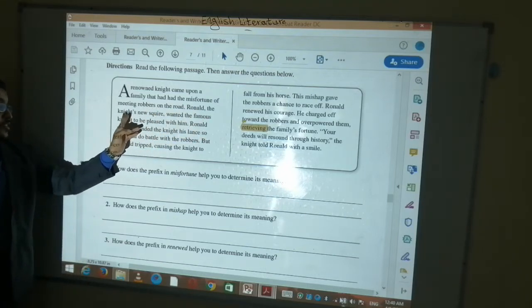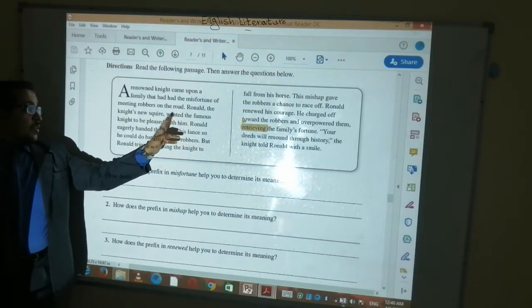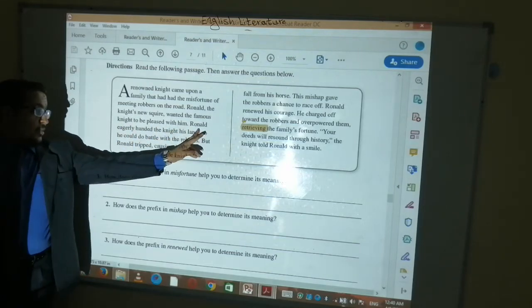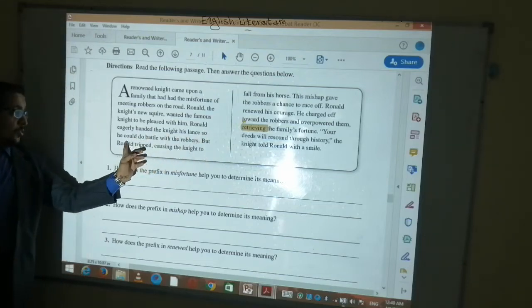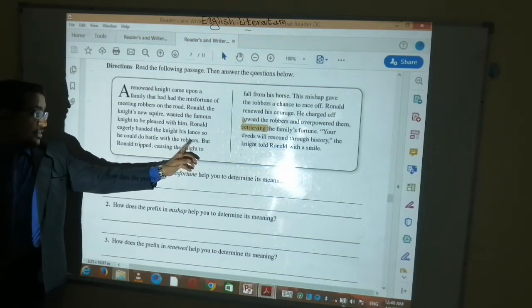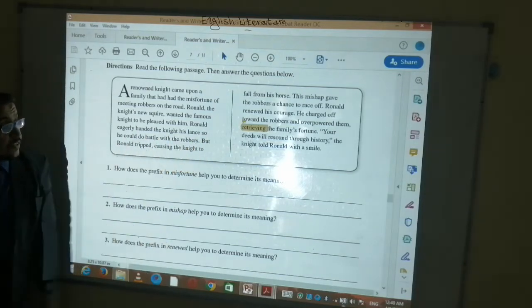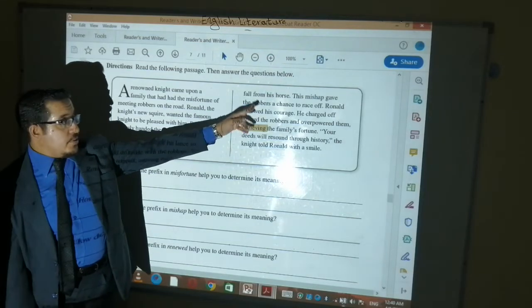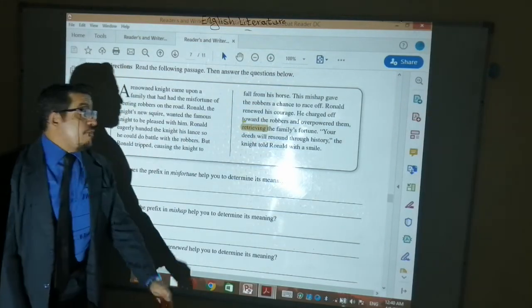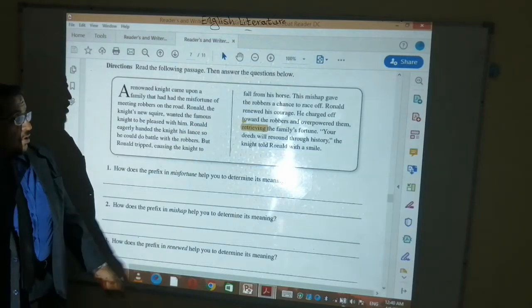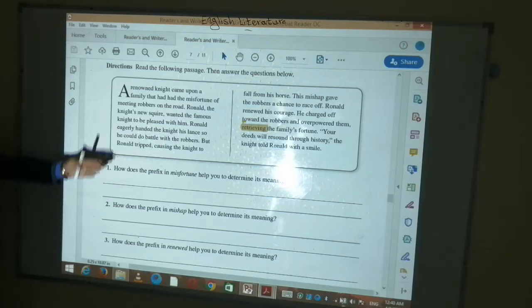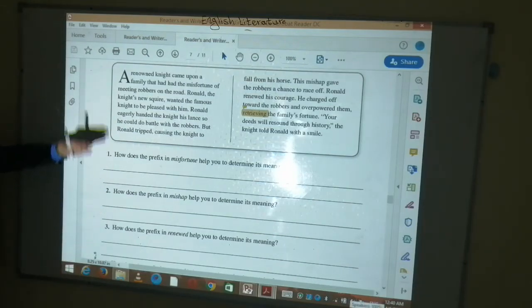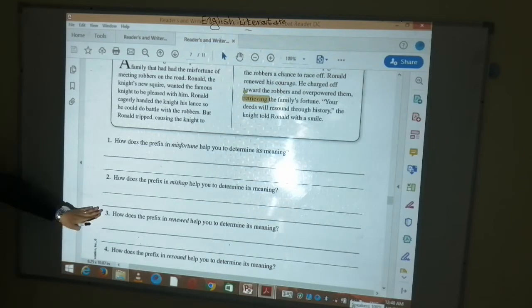Ronald, the knight's new squire, wanted the famous knight to be pleased with him. Ronald eagerly handed the knight his lance so he could do battle with the robbers, but Ronald tripped, causing the knight to fall from his horse. This mishap gave the robbers a chance to race off. Ronald renewed his courage. What does it mean? As we said, re means again. So renewed, what does it mean? To make like new again.